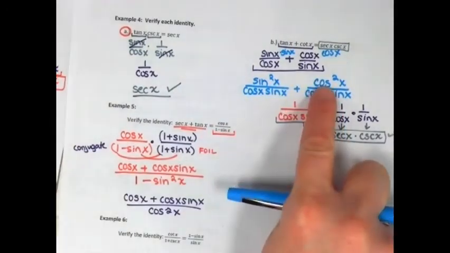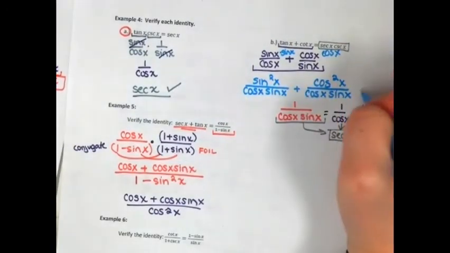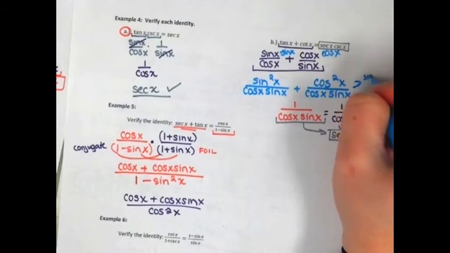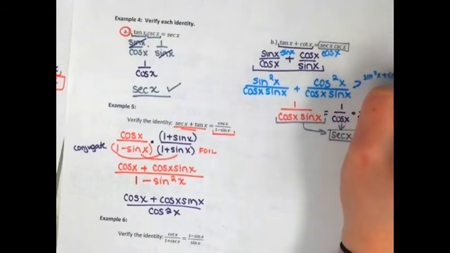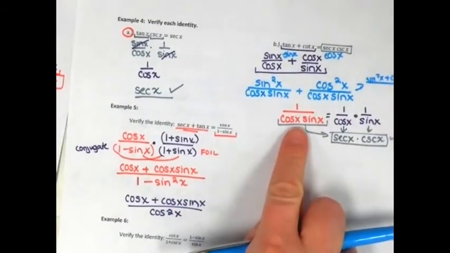Everyone okay with that? Now, we have an addition problem in the numerator. Okay, remember when we had up here, when we had the two fractions, we would add the numerators, right? So technically, isn't this one here sine squared x plus cosine squared x over all of this? And then we were able to simplify the top.